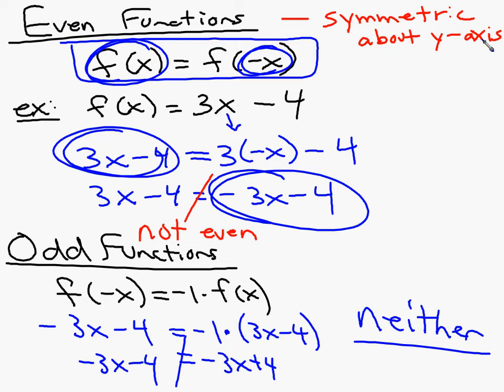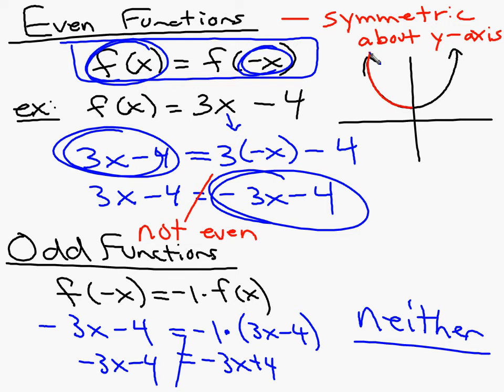If I fold it on the y-axis, it will lay on top of the other side. The classic example, of course, is our old friend the quadratic, so long as the quadratic has a vertex with an x-coordinate of 0. Okay, that one is symmetric because it would lay across the other side.